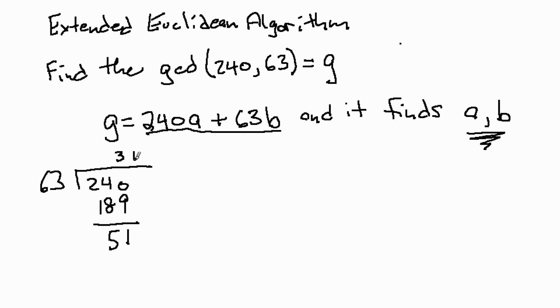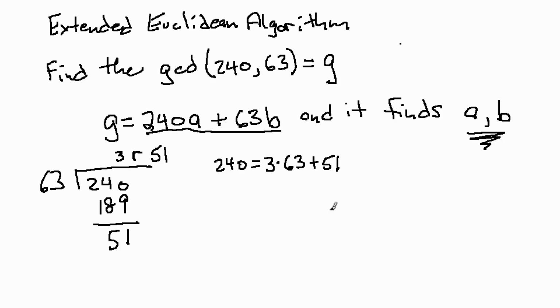So there's a remainder here of 51. Or to state it another way, 240 is equal to 3 times 63 plus 51.